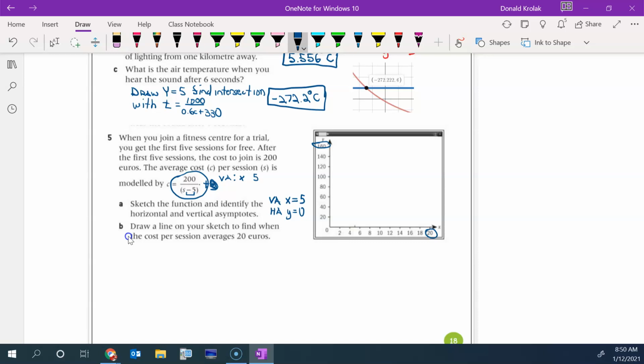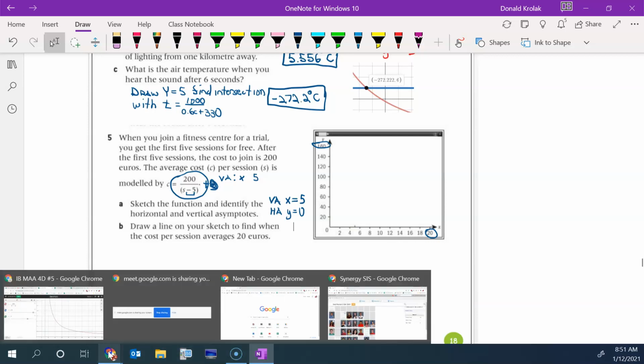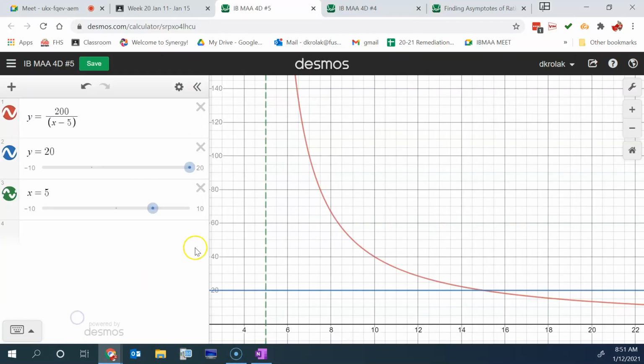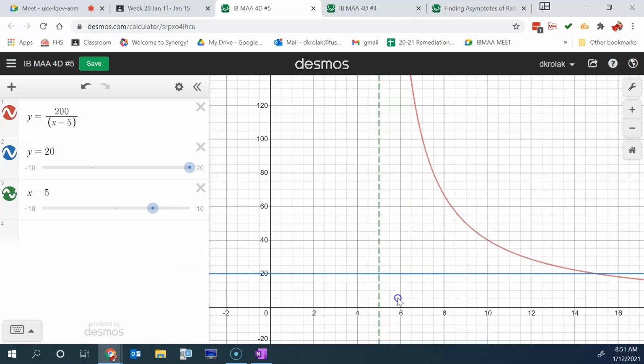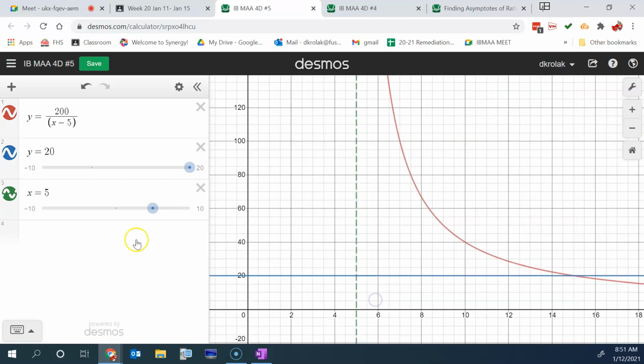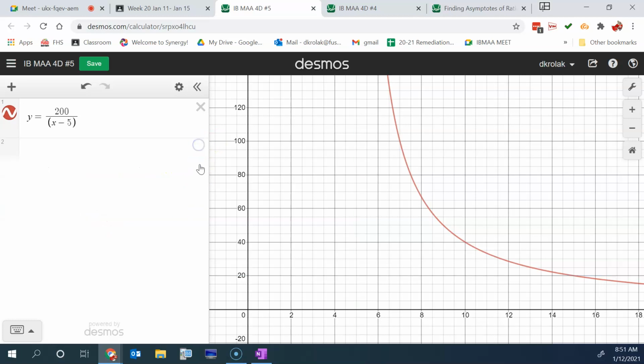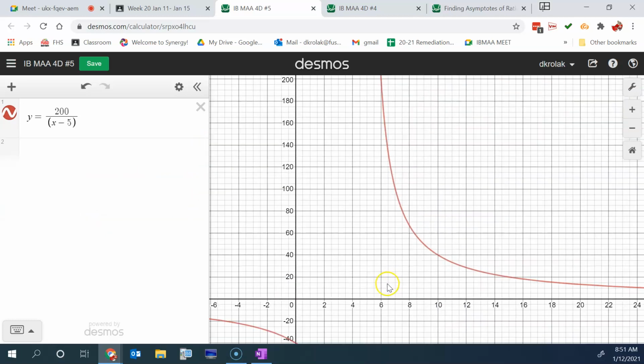Okay, so I set up the numbers, and then I drew, if you look at how I drew it, I get rid of this, get rid of that, and it just looks like that.